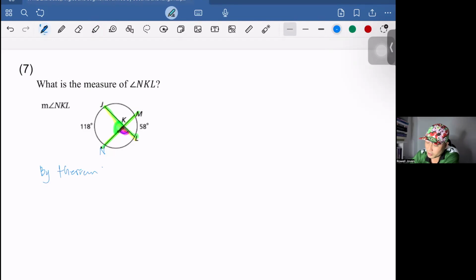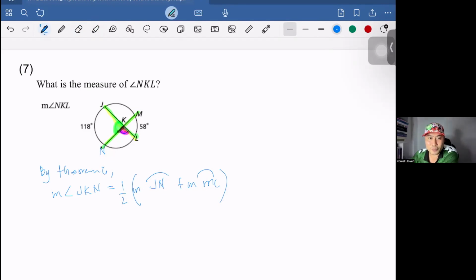Can you still recall theorem 6? The measure of angle JKN is one half the measure of what? Arc JN plus the measure of arc ML. Those who are very good in playing ML, shout out.